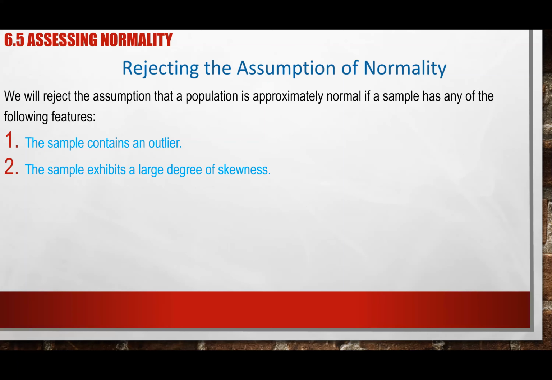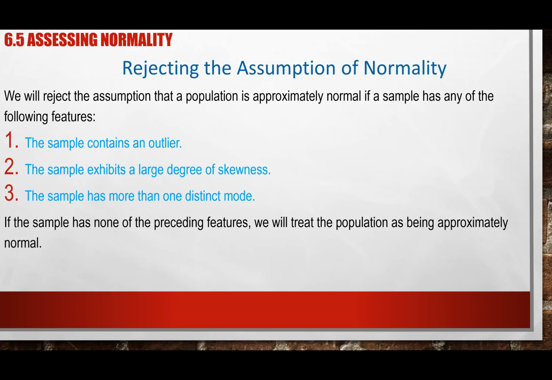If it doesn't look symmetric, then we cannot use a normal distribution. And the last thing is, do you have more than one mode? If we have one mode, then yes, we can do it. If any of these applies to your data, we cannot use the normal distribution to approximate it, okay?